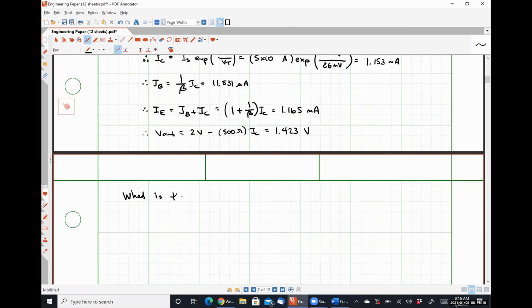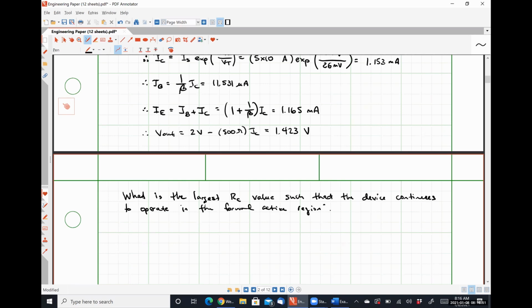What is the largest RC such that the transistor continues to operate in the forward active region?